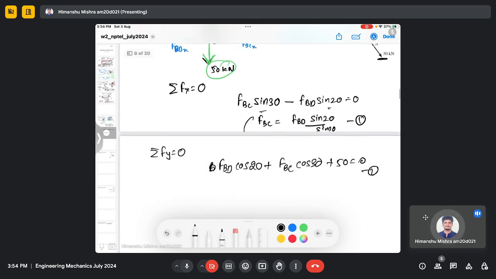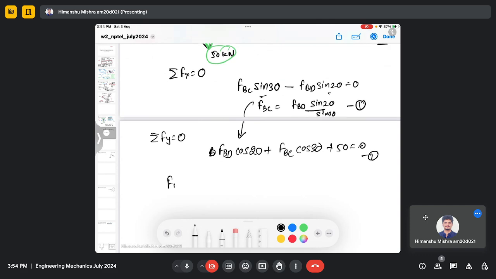So you can substitute equation 1 into 2. FBD cos 20 plus, we can substitute here FBC from equation 1. So we will get FBD sine 20 divided by sine 30 multiplied by cos 30 plus 50 equals to 0.